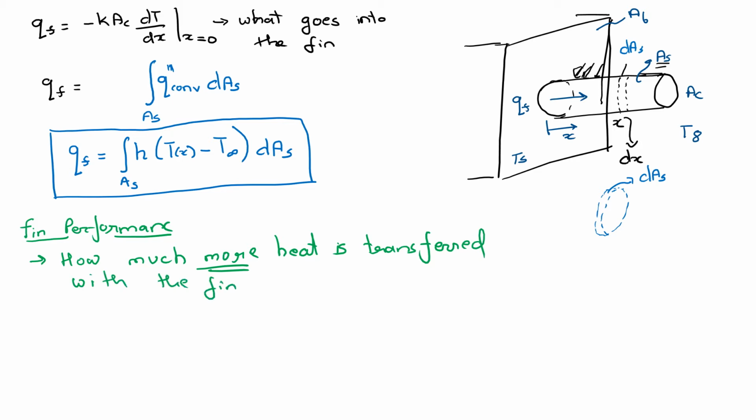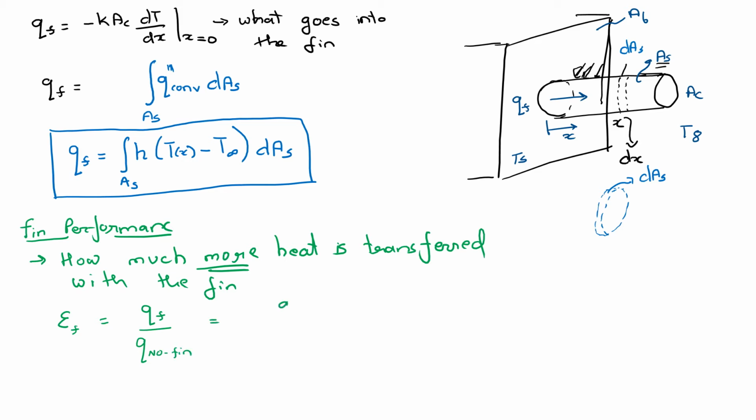It's denoted by epsilon F, where F stands for fin, and defined as QF, that's the heat transferred with the fin, divided by the heat transfer if there was no fin.